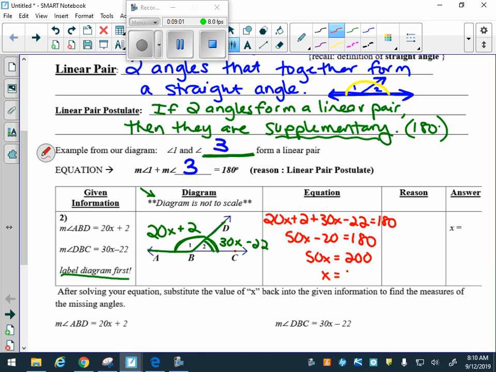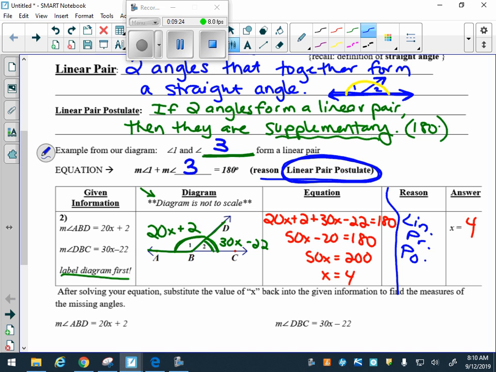Divide by 50. You get x is 4. What's our reason here? Exactly. Linear pair postulate. Perfect.